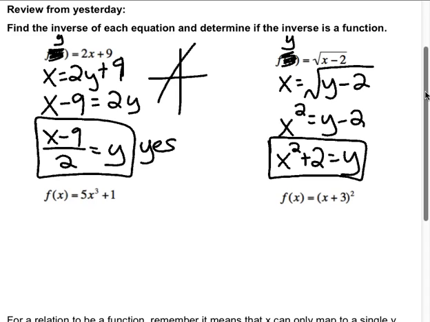So here, once again, if you remember from the last notes, you should be picturing a piece of a parabola. And of course, any piece of a parabola is going to be a function. So yes, this inverse is also a function. And again, another easy way to tell that is because you did not end up with a plus or minus in your equation.